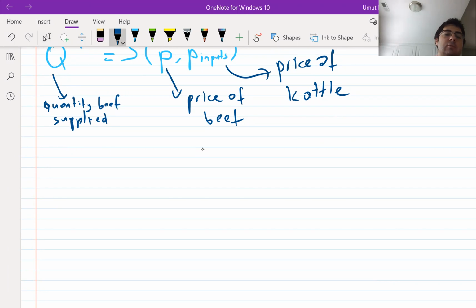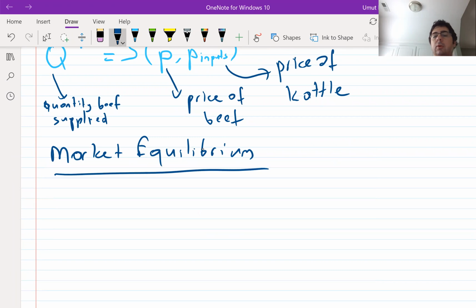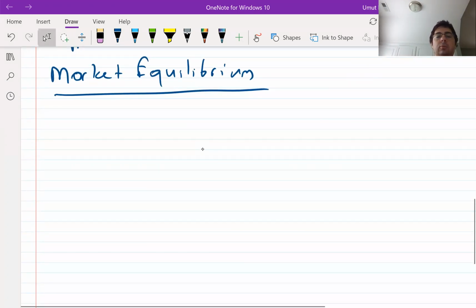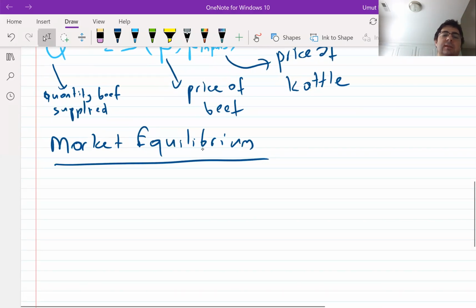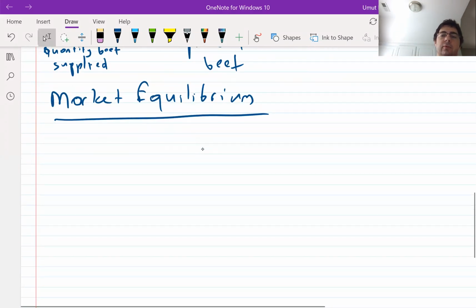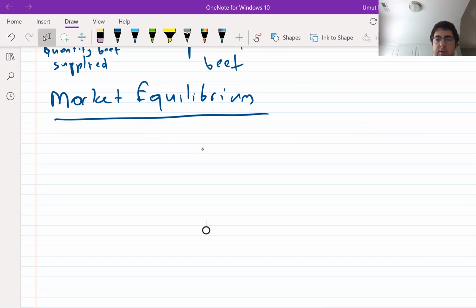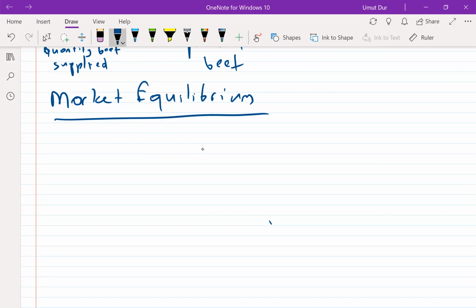So we are looking for market equilibrium. Let's define the equilibrium first.